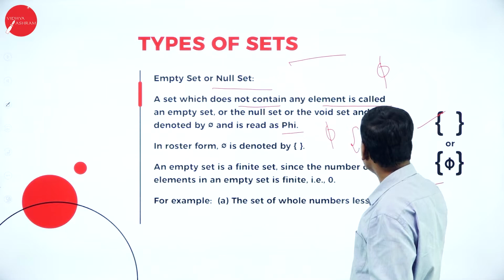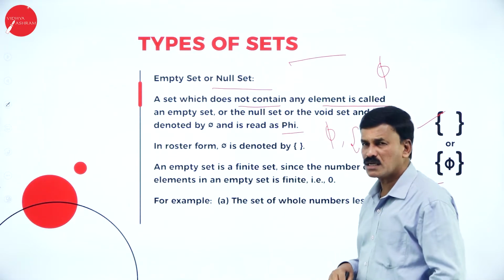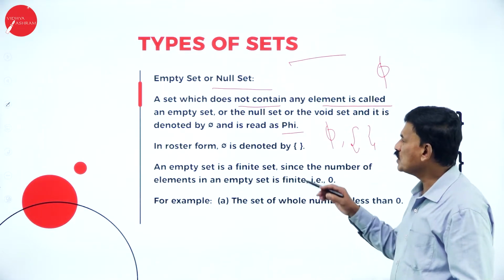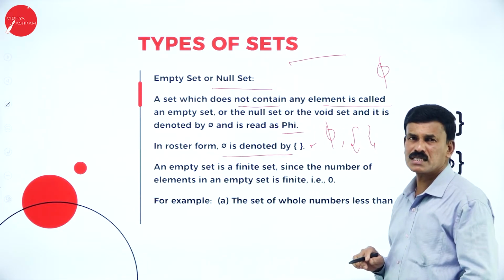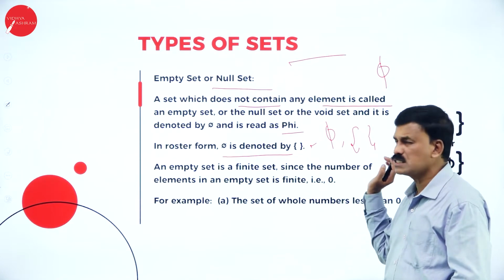Or we can also write an empty set like this. These are all the representations of a null set. In roster form, the null set is denoted by flower brackets like this, with nothing inside the set.